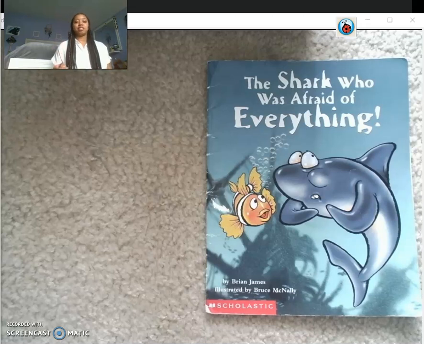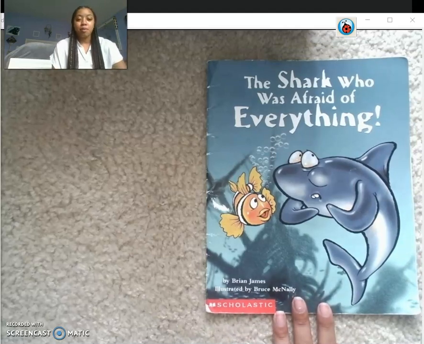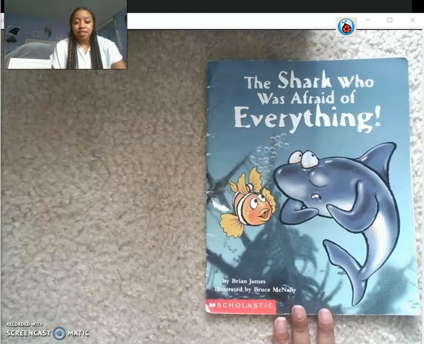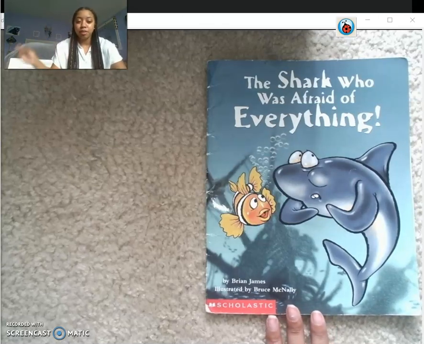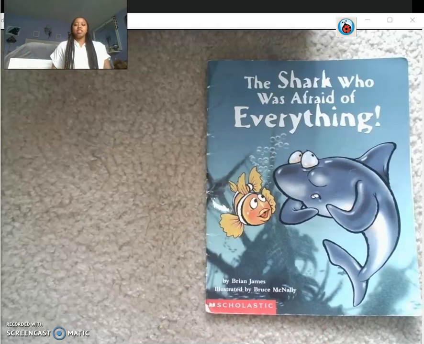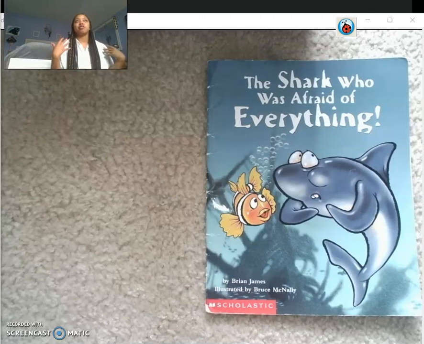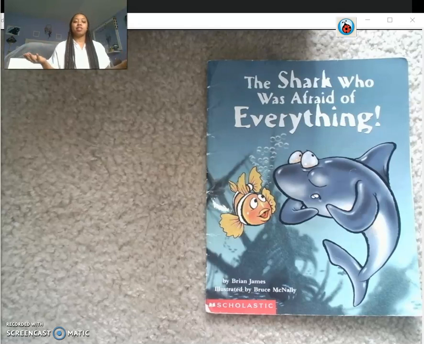So first, readers look back over the book to remind them what happened. Then readers say a little bit about each part of the book. It's important for them to be able to remember what happened in the story. It's really important to remember the parts of the story.